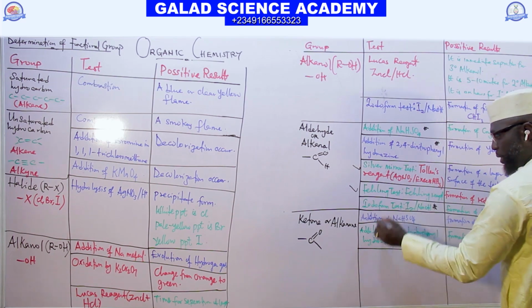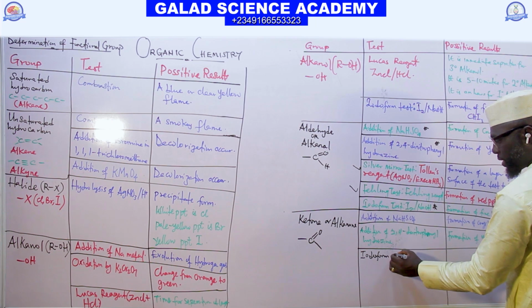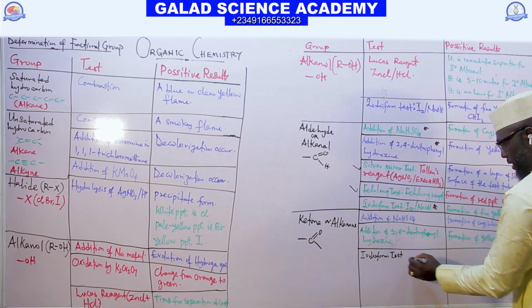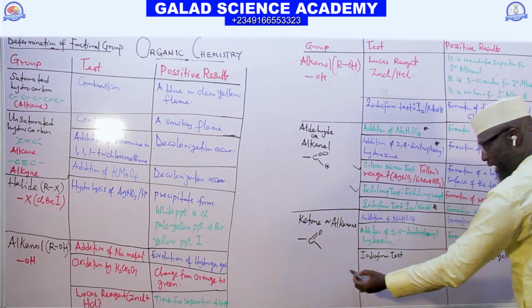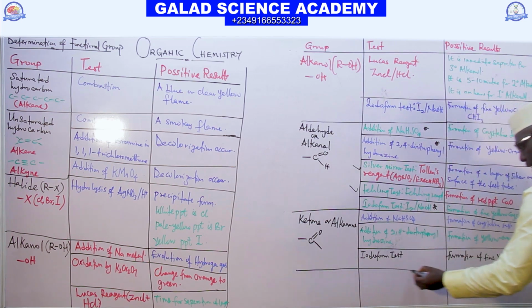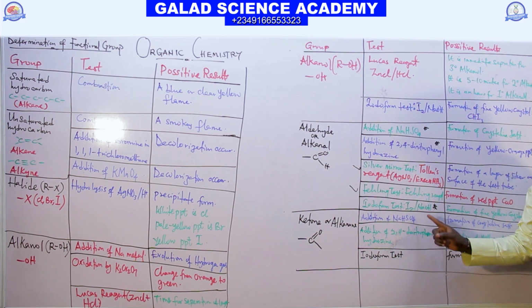The last one, let me use iodoform test. It will give you formation of fine yellow crystal. You can now see that ketone gives positive result with 1, 2, 3.